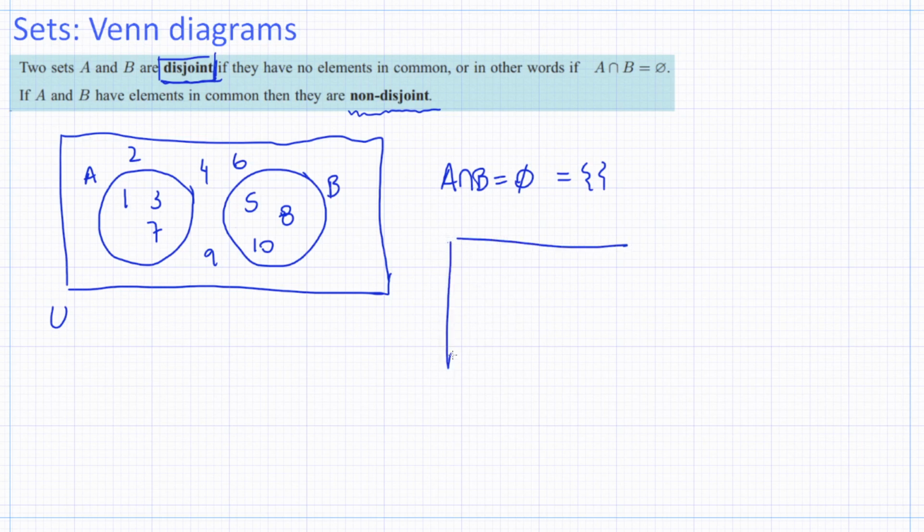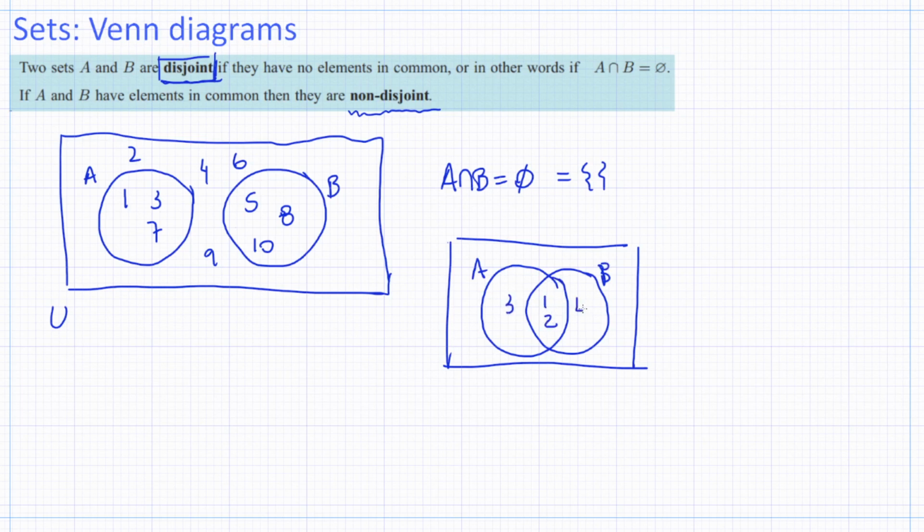If this is set A and set B, whatever they have in common here, 1, 2, 3, 4, in the universal set, and 5, just to have something outside.